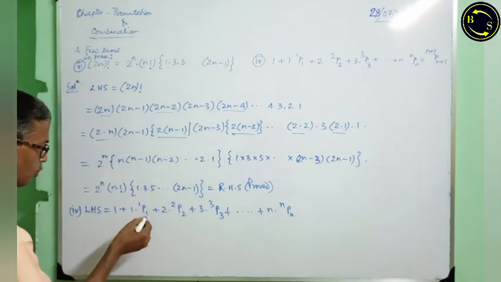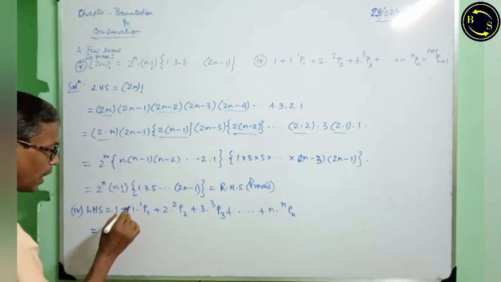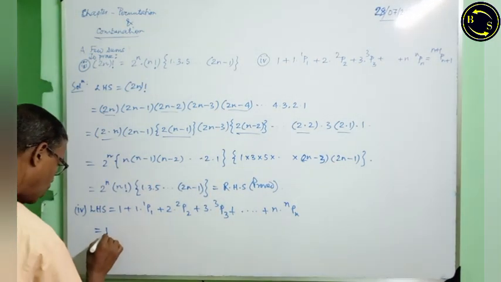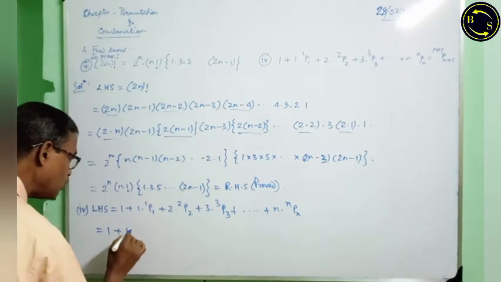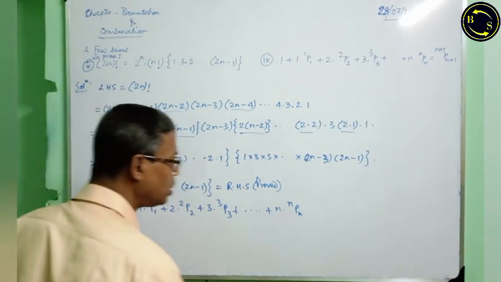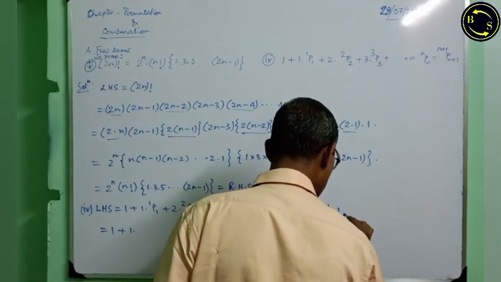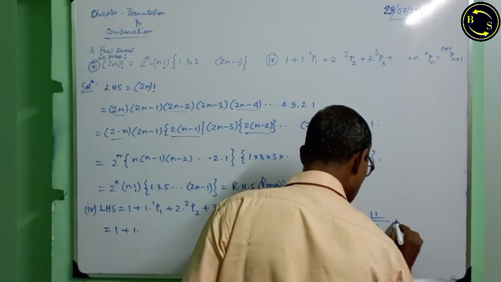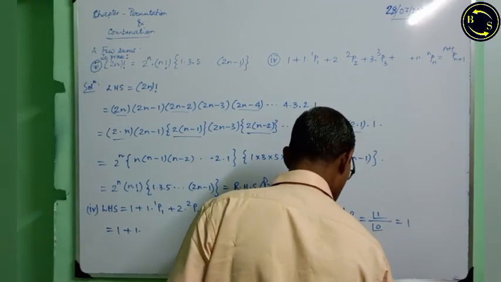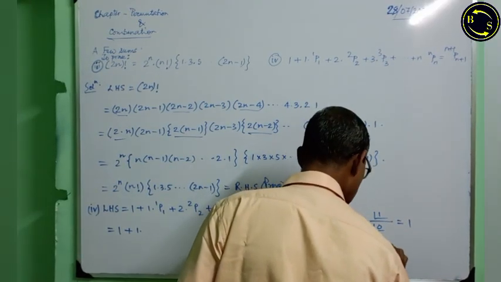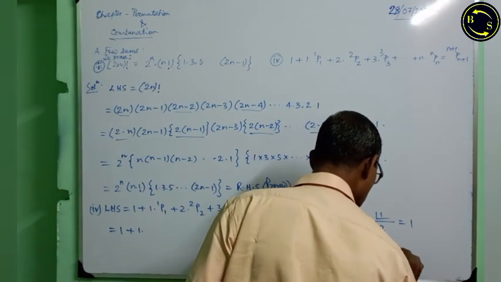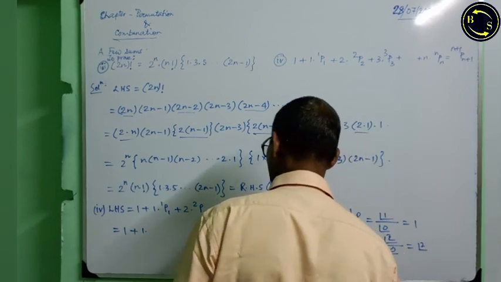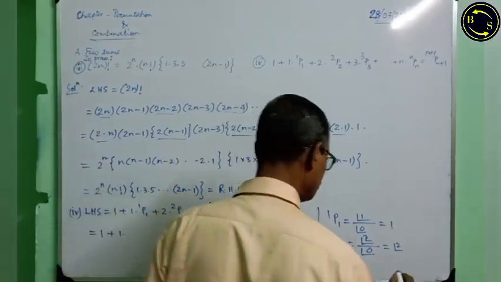Now first I write the value of 1P1, 2P2, 3P3, etc. 1P1 is equal to factorial 1 by factorial 0, that means 1. 2P2 will be factorial 2 by factorial 0, factorial 2, like this, that is 2.